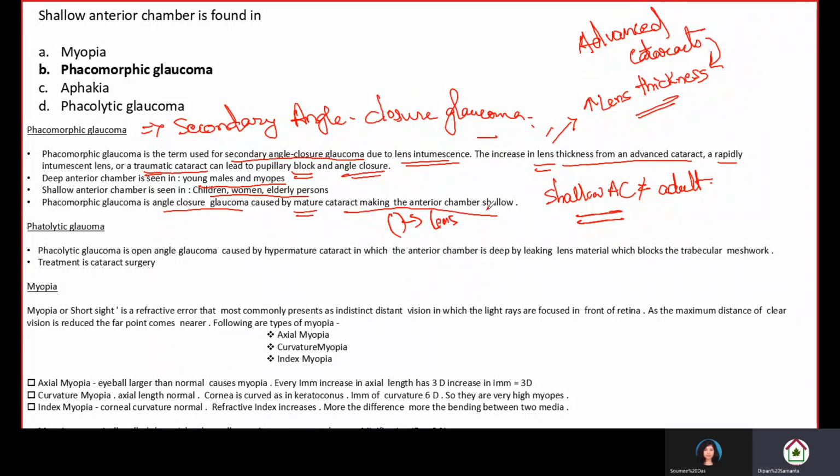That's why in mid-aged women or elderly persons we can get a shallow chamber, while in children, due to the development not being fully finished, we get a shallow anterior chamber.